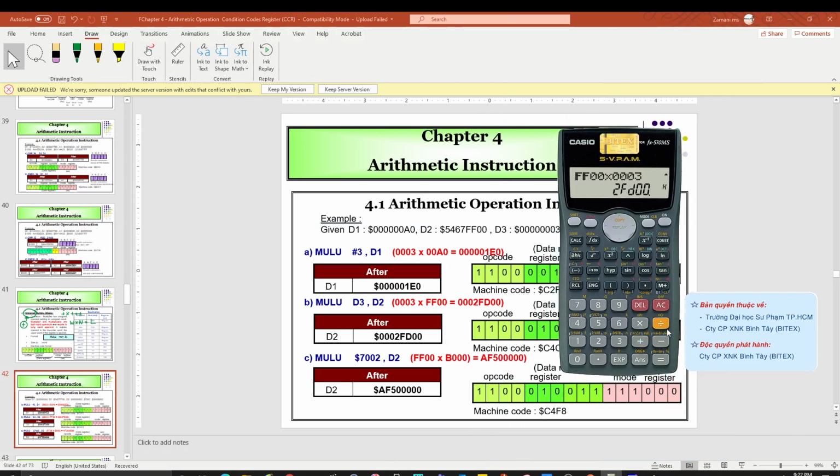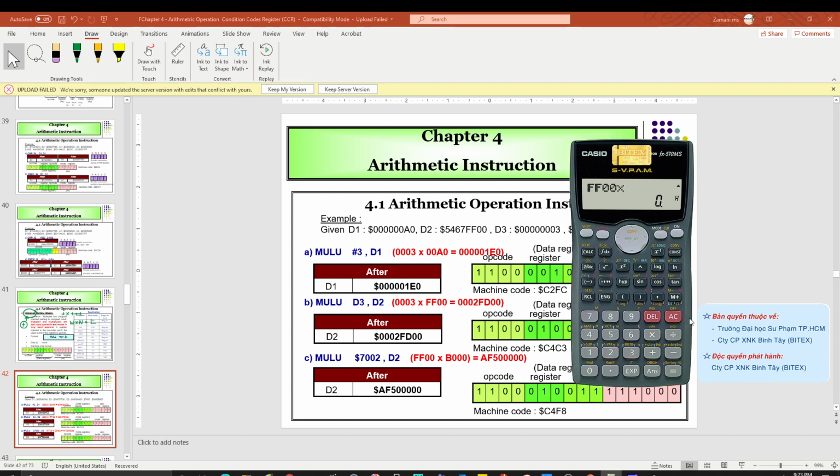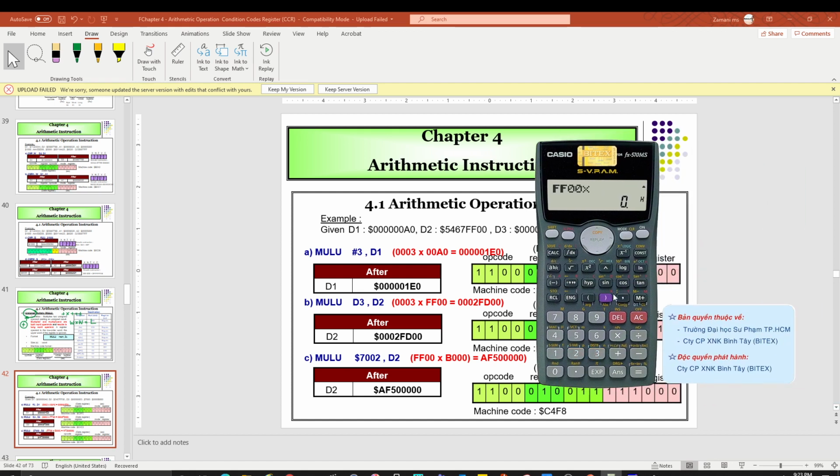Okay, let's try to run it. Let's try to calculate by using the calculator. D2 is given FF00 times 7000 is B000. B123. And the answer is AF500000. This is all the whole contents of the register.